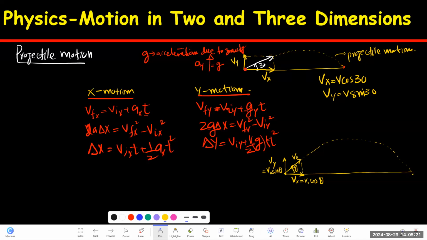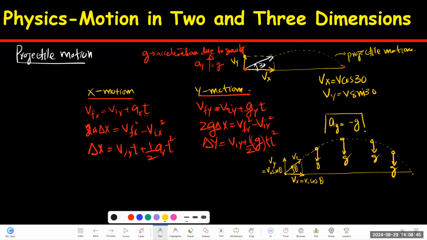While this object is moving, two kinds of acceleration apply on it. One is g, acceleration due to gravity, and g is constant. And now ay equals minus g.